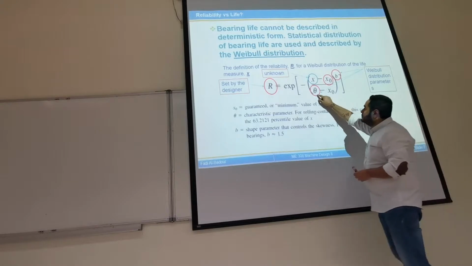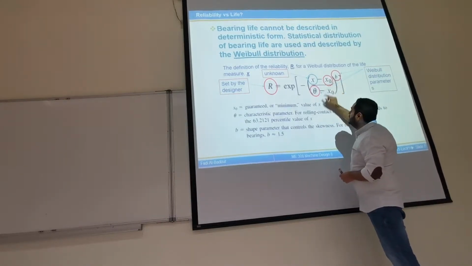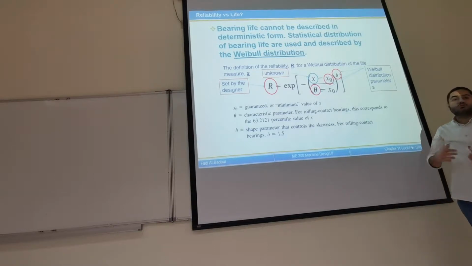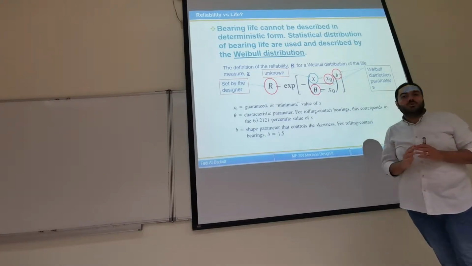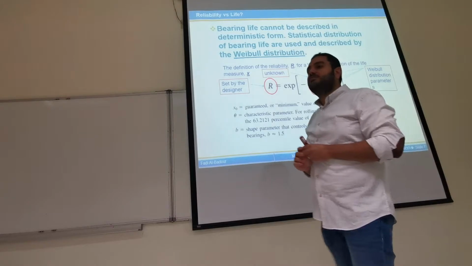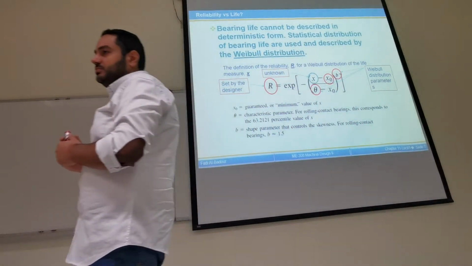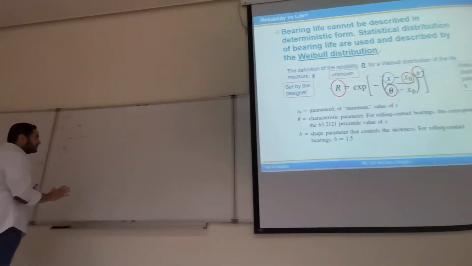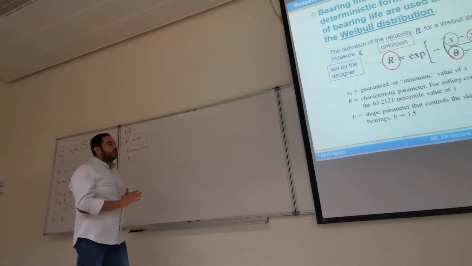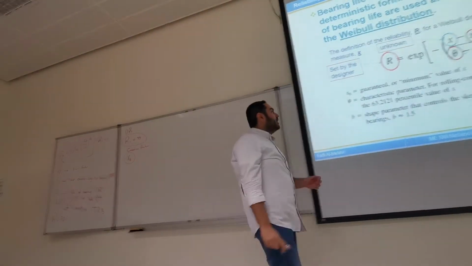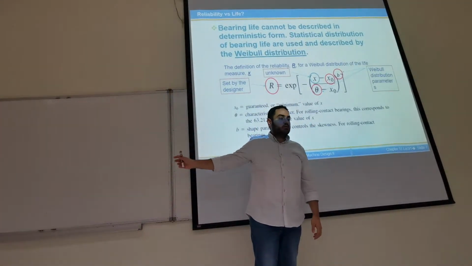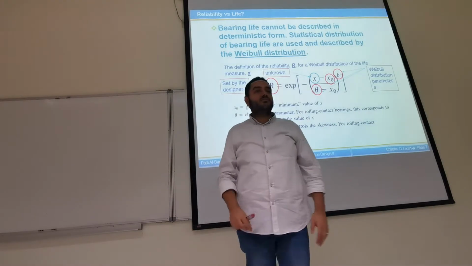Those parameters, theta, x naught, and b, are the distribution parameters, fitted based on the experiment, so they are based on statistical analysis. The unknown here, x, I'm representing by XP, which is the correction factor for the reliability.